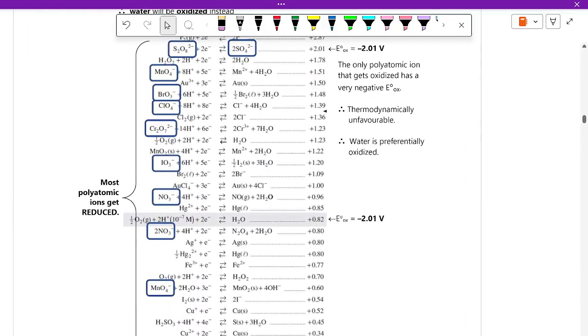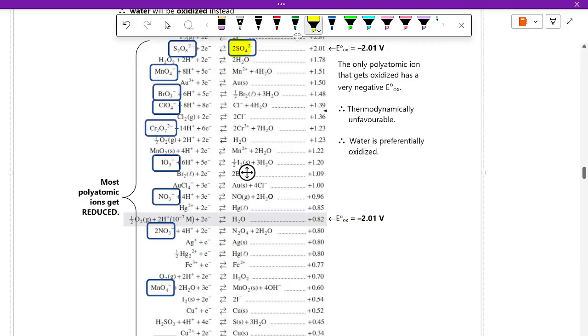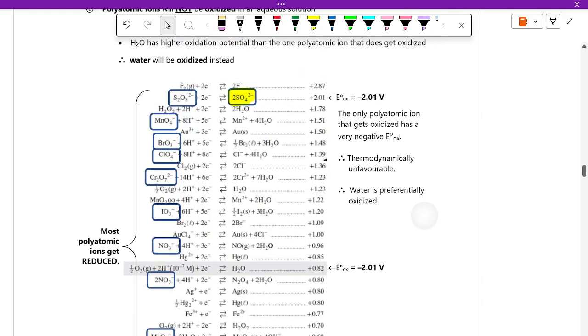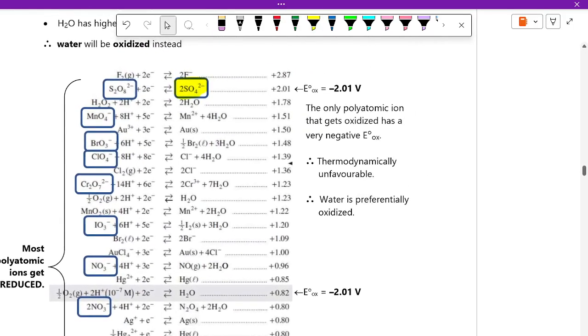Let's see if there are any over on the right-hand side. There is really only sulfate. And if you look at sulfate, which is the only polyatomic ion that could get oxidized, water is going to, oh, I copied this and it's wrong. Okay, we need to fix this. This should say negative 0.82 volts.